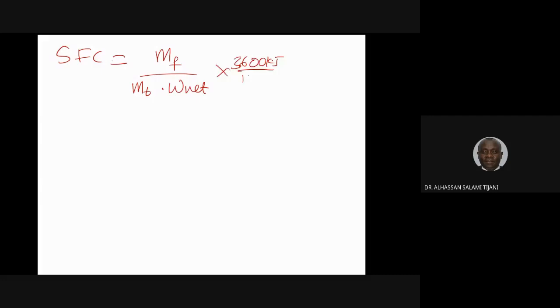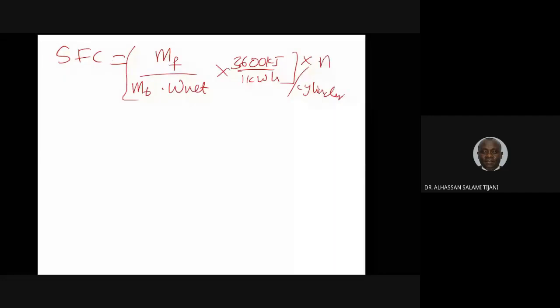Okay, this is for one cylinder, per cylinder. Then times the number of cylinders. Number of cylinders is given by N equals 4. So times the number of cylinders.